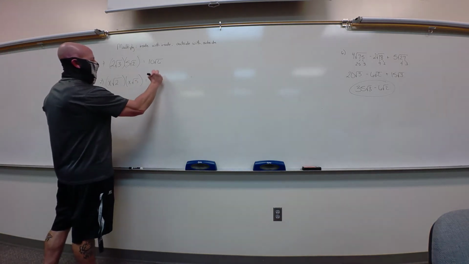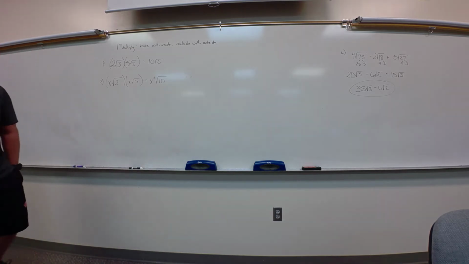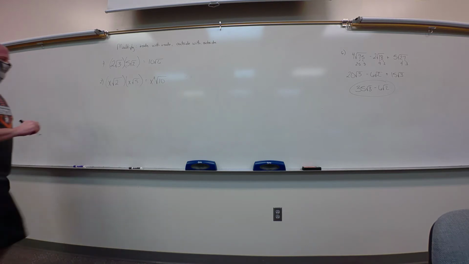Inside with inside, 2 times 5, 10. Now, one of the things that we're going to run into is sometimes when we multiply, we can actually still simplify. So let's think of something like this.